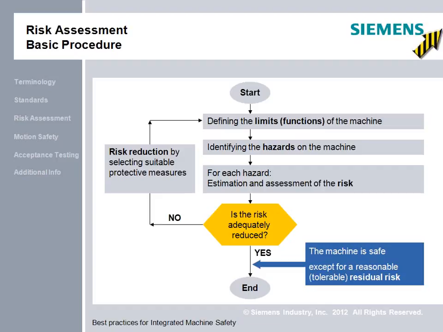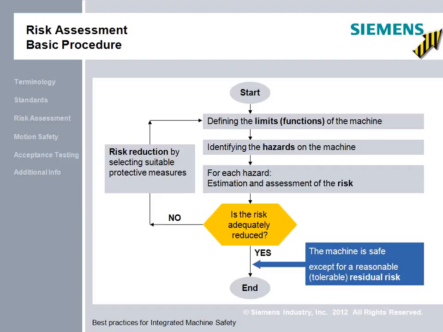The reason I include this piece today is that in the United States and Canada, internationally, particularly outside of Europe, we may not have a long history of doing risk assessments, and if we do risk assessments, we may not publicly make that information available to, in this case, a machine tool builder selling a machine to a customer, or an end user asking for the machine tool builder's risk assessment. So how does this procedure work?